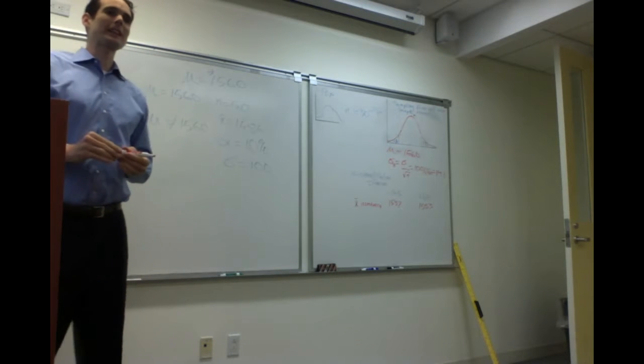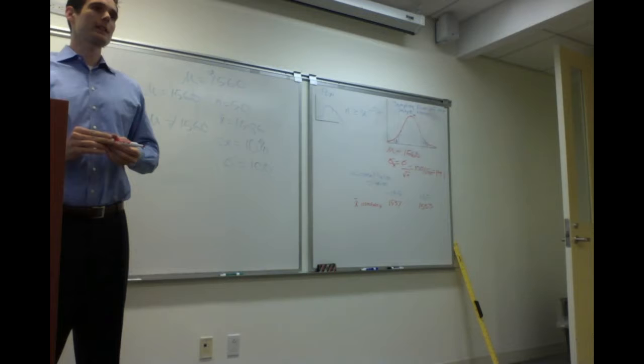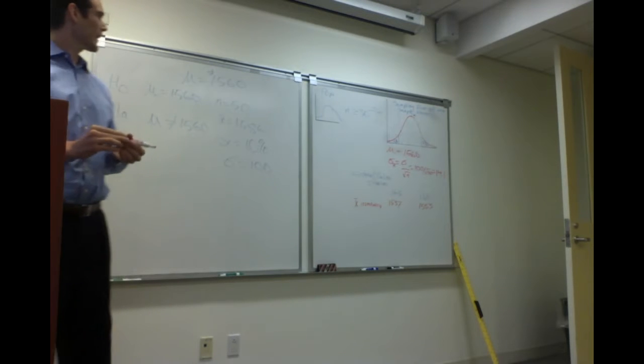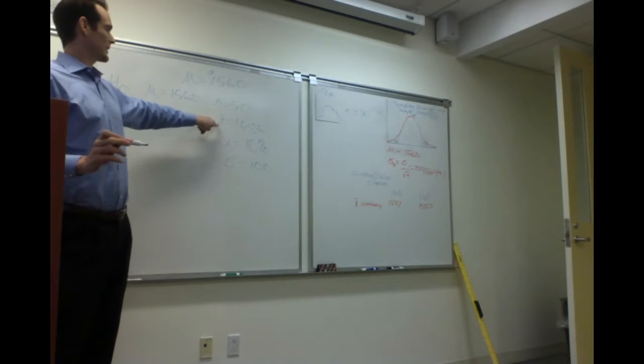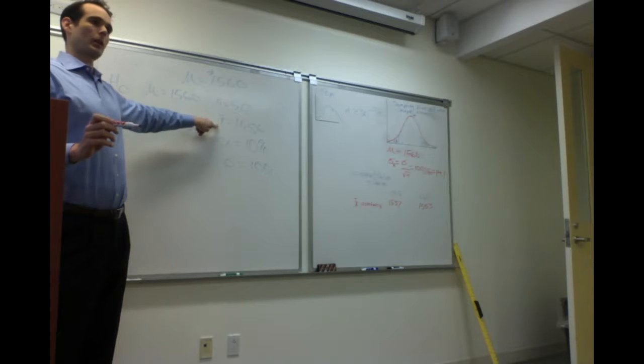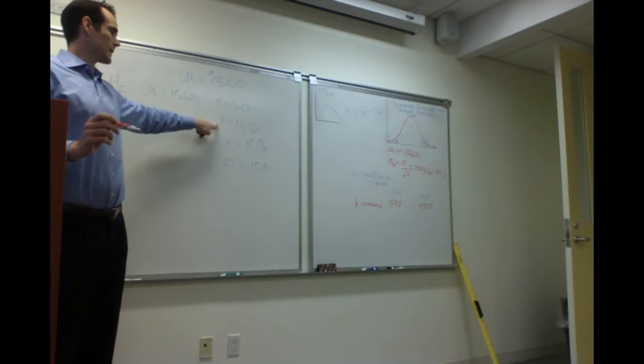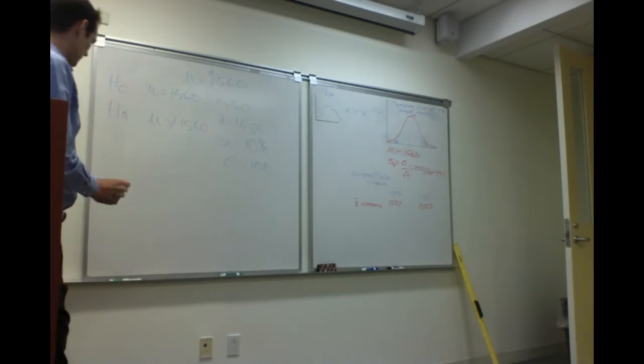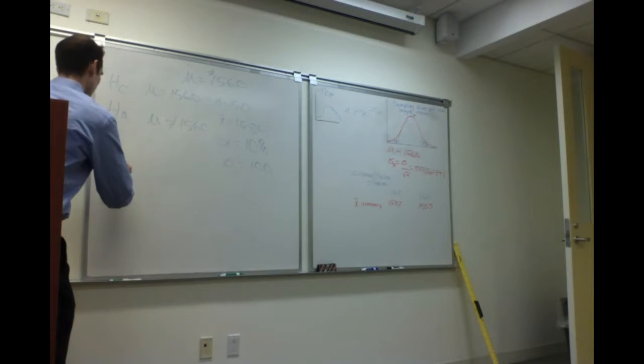We can also calculate a z-score for a sample mean. So let's calculate the z-score for this sample mean, and we'll call it the z-statistic. We're going to do it the same way.